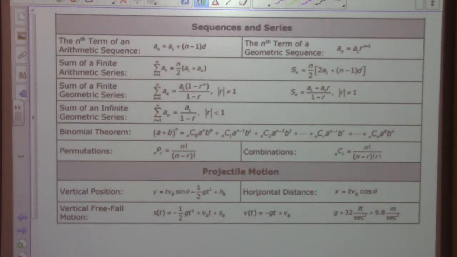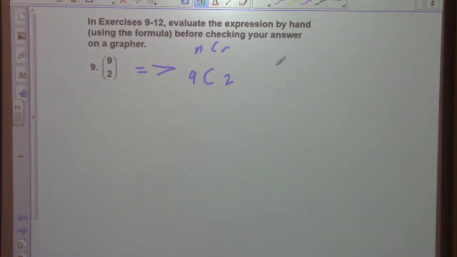You remember this chart you have? Yep. This is your binomial theorem equation, which is n factorial over quantity n minus r factorial times r factorial. Do you know what this exclamation point means? Factorial. And that means what?